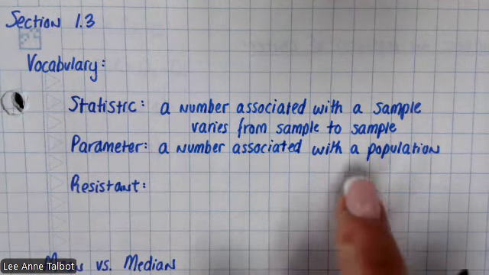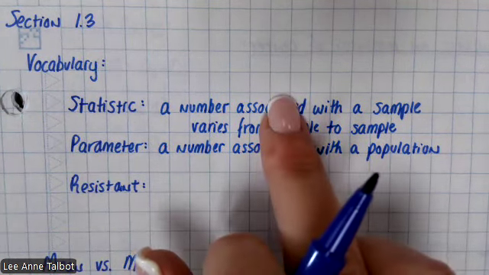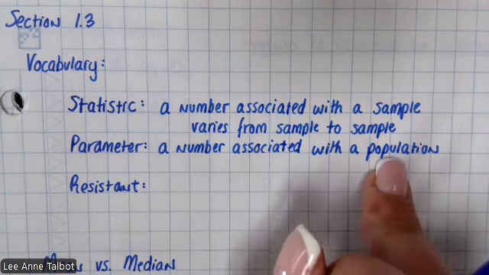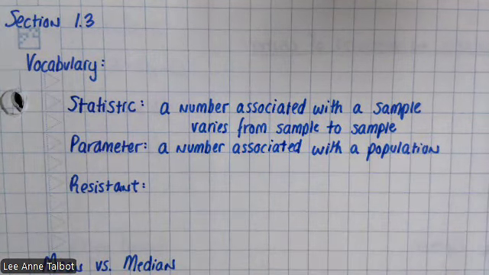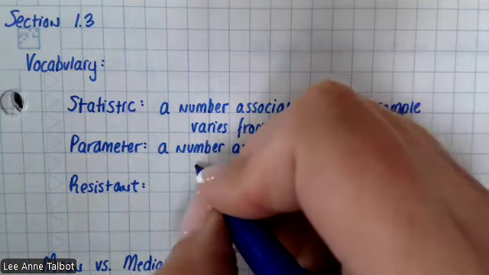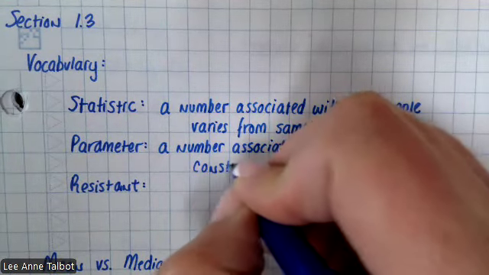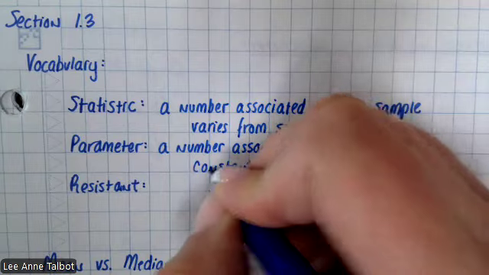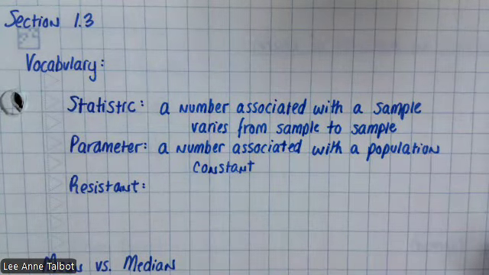But in statistics, usually you get a number from the sample and use that to estimate your number for the population. The parameter is always constant because you're able to get information from everyone.